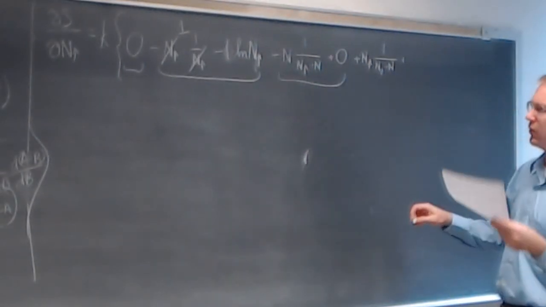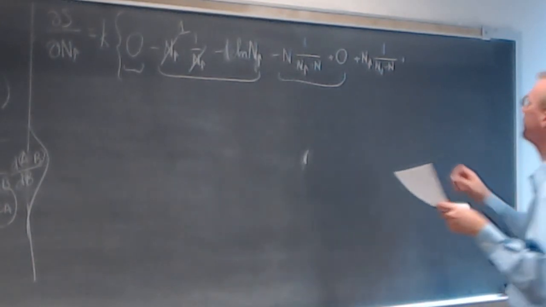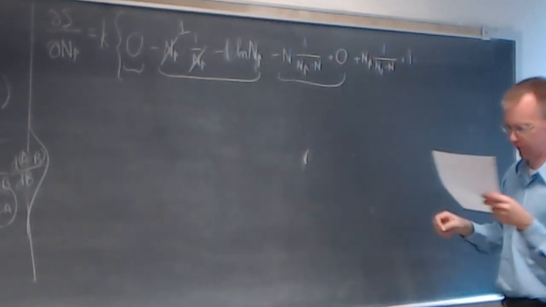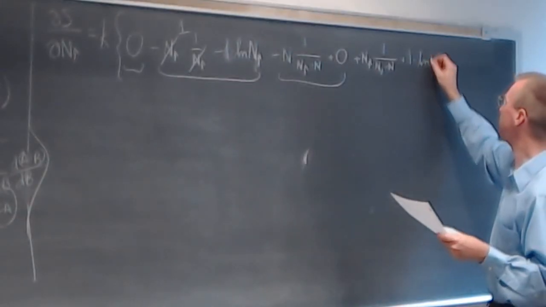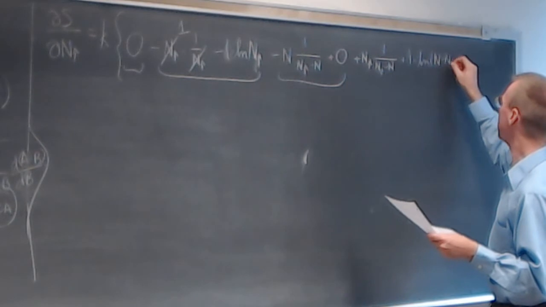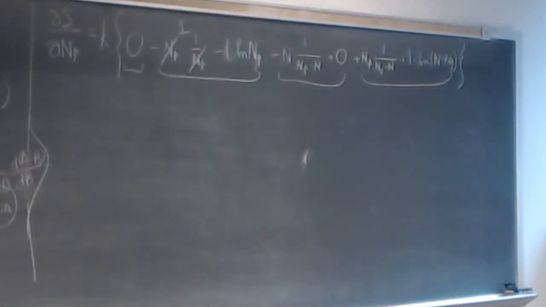Plus, well, the derivative of n up with respect to n up is 1 times natural log of n minus n up. Close braces. Okay, that's a gosh awful mess. But each one of those was straightforward enough on its own, it's just a whole lot of them together.